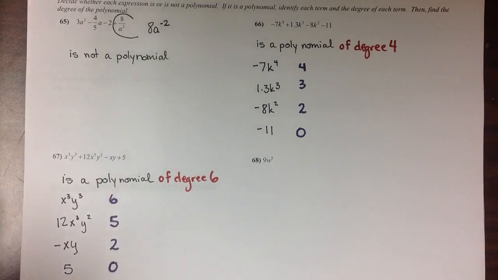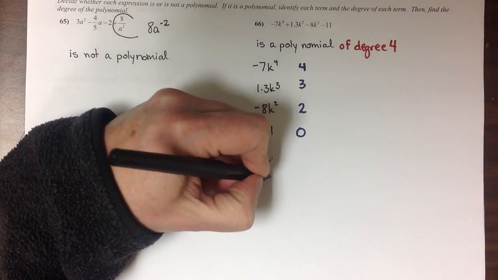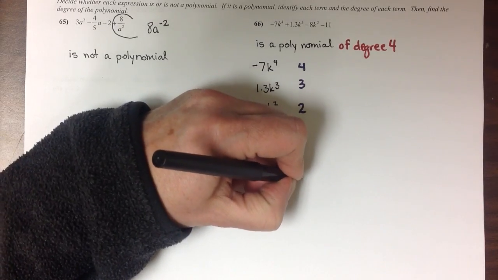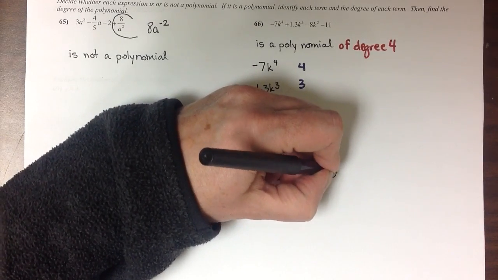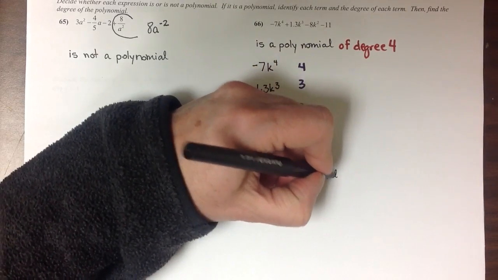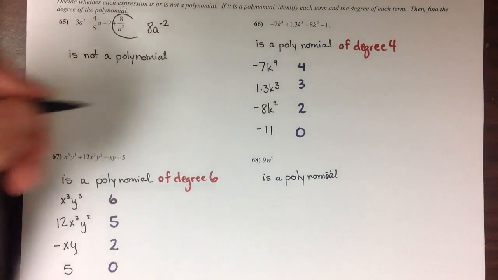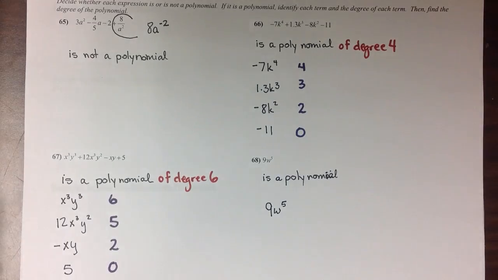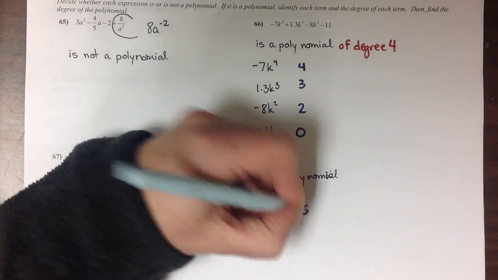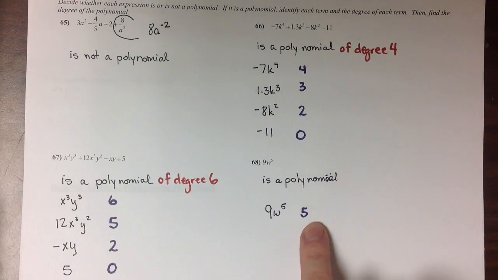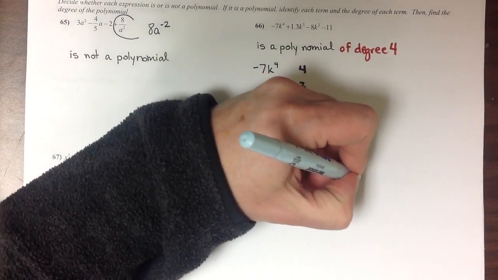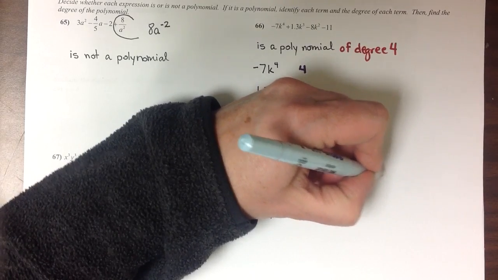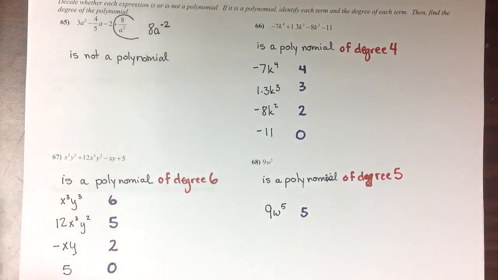So we're going to say that 9w to the 5th is a monomial, and we only have one term to evaluate, 9w to the 5th, and it has a degree of 5, and so our polynomial, since there's only one term to look at, is also going to be of degree 5. Having trouble spelling today.